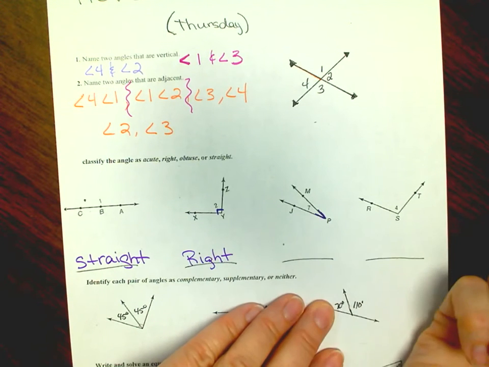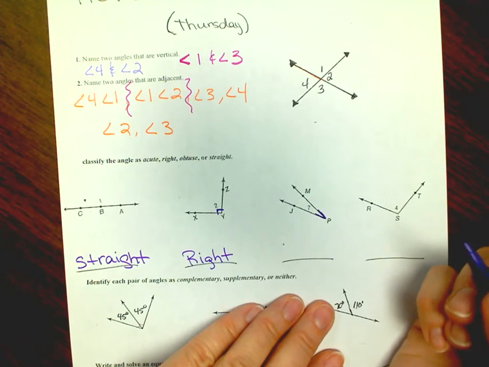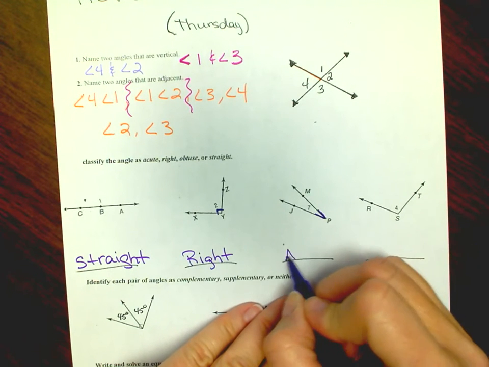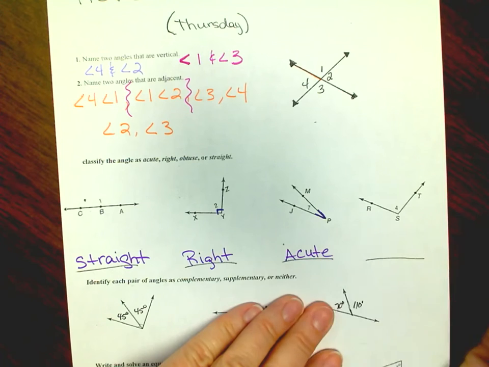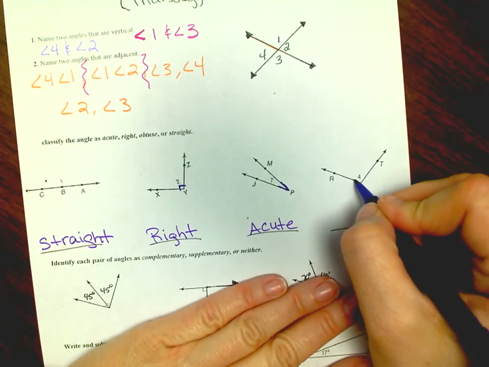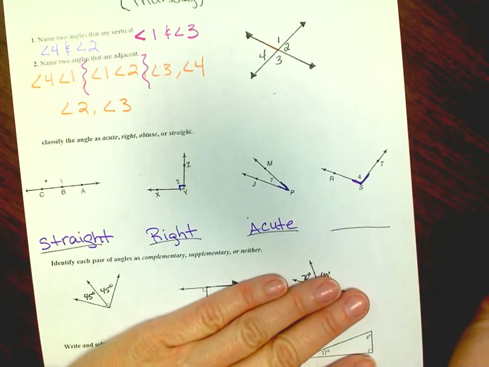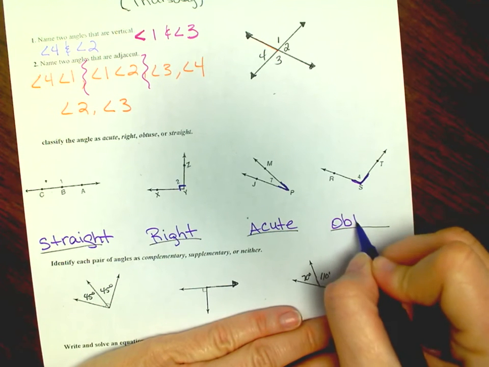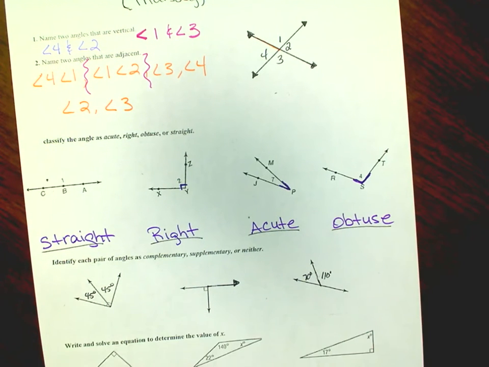This angle would be less than 90 degrees, so it's acute. And this one is larger than 90 degrees, so it is obtuse.